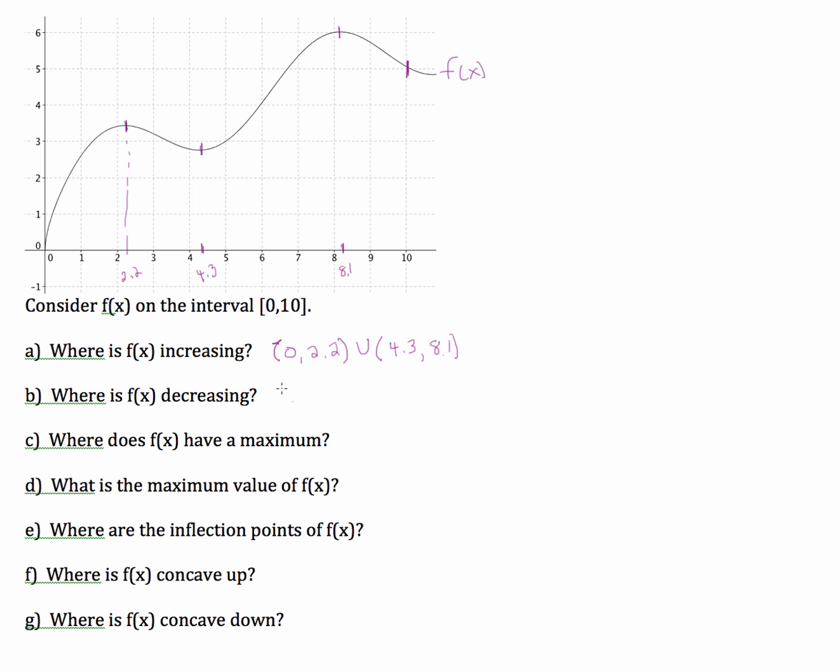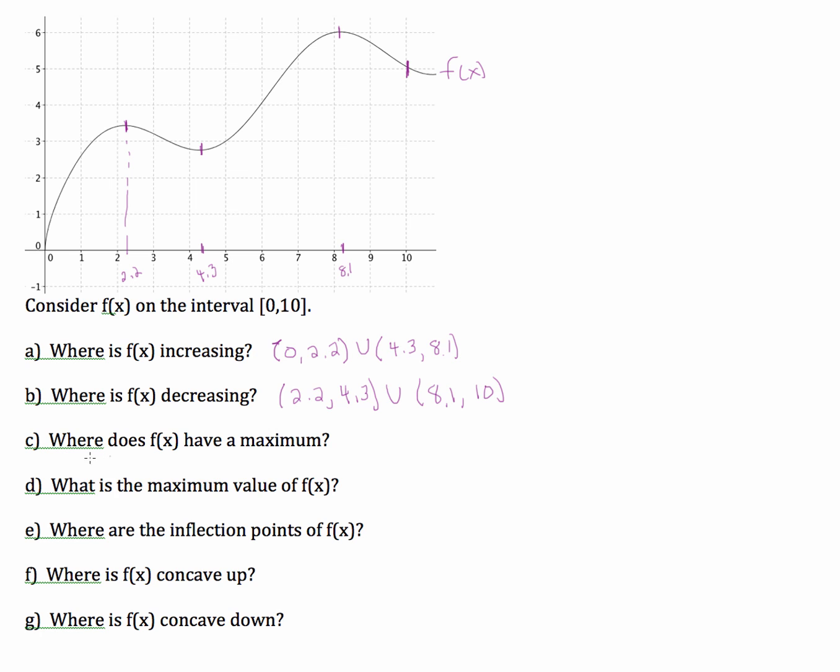And then where is it decreasing is in the other spot, so from 2.2 to 4.3, union 8.1 to 10.